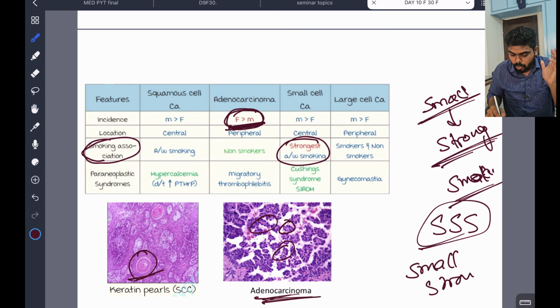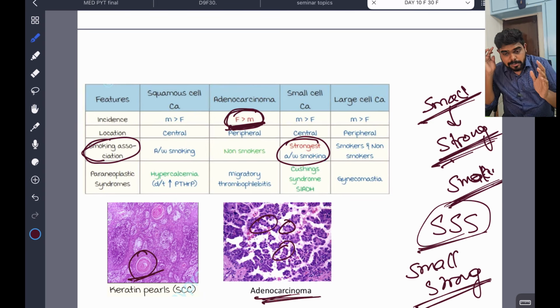People are smoking, large person is smoking, small person is smoking, squamous is smoking. What happened? The small person we cannot neglect. The small person, which is small cell, has a strong association with smoking. So small, strong, smoking. This is a potential question.